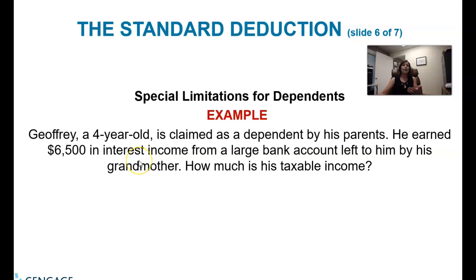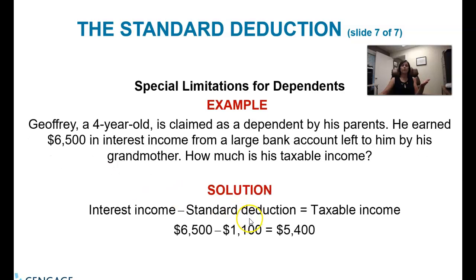He didn't actually have to perform services or do anything to get it. So it is not considered earnings. So therefore, $350 plus earnings, he's got no earnings. So Jeffrey's standard deduction is capped at the $1,100 because there is no earnings.